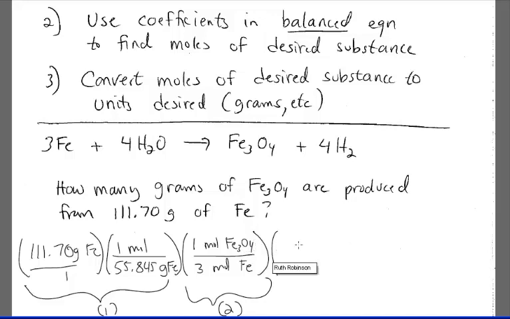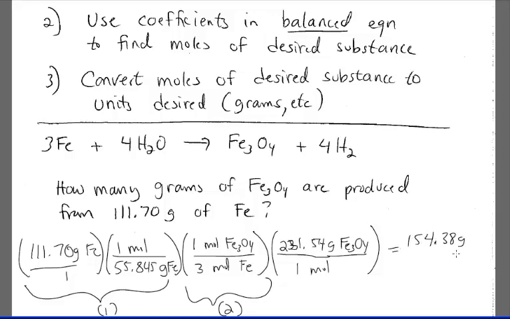So now we want to convert that back to grams of iron oxide. And that was 231.54 grams of iron oxide per 1 mole. If you cancel all the units and do the multiplication, you'll get 154.38 grams of iron oxide. And that was step 3.